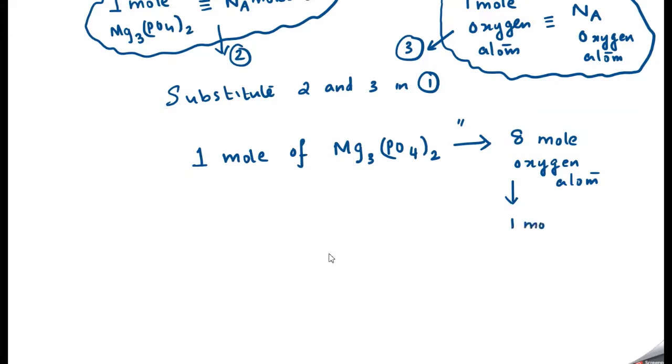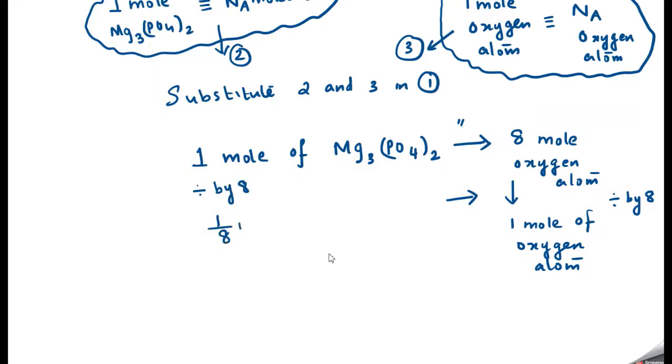So this will become 1 mole of oxygen atom, correct? If you have divided by 8 on the RHS, do the same thing on the LHS also. So this will become 1 by 8 mole of magnesium phosphate, Mg3(PO4)2.